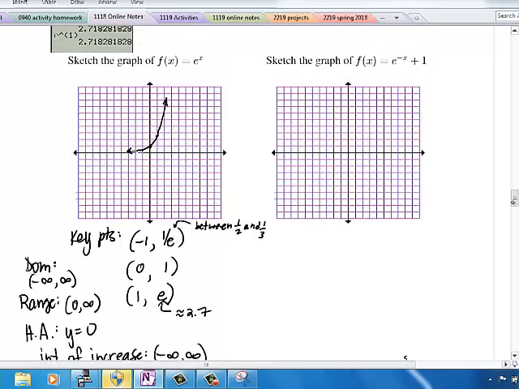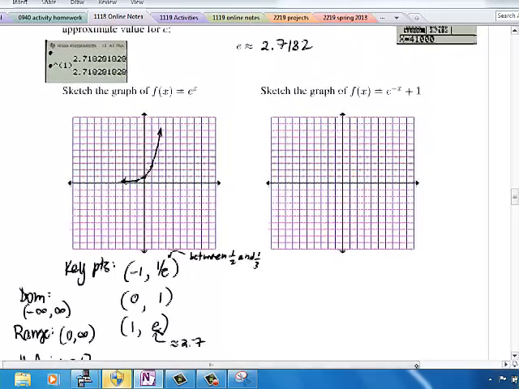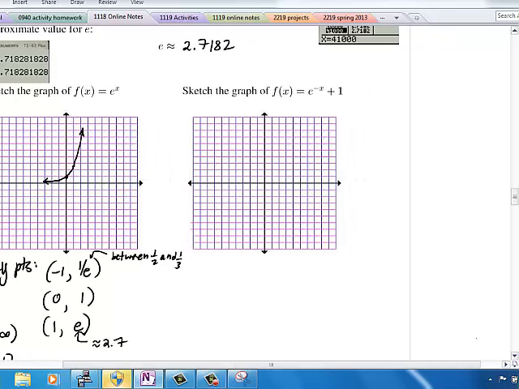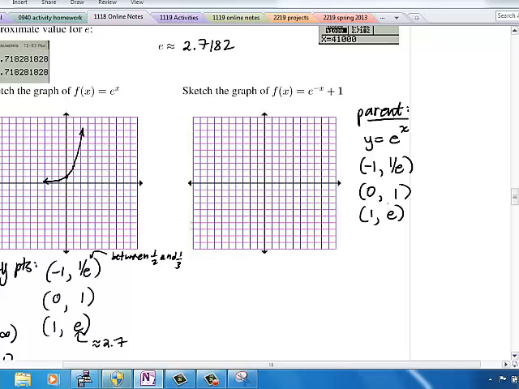And then, one with some transformations, e to the -x plus 1. My parent, I can see it's exponential, so I just want y equals the base, which is e to the x. Choose your x's to be -1 and 0 and 1. Then I would have on my parent function 1 over e again, 1 and e as the y values.